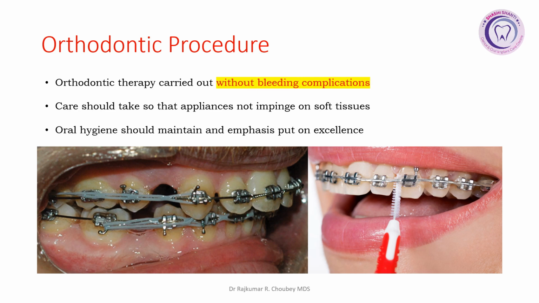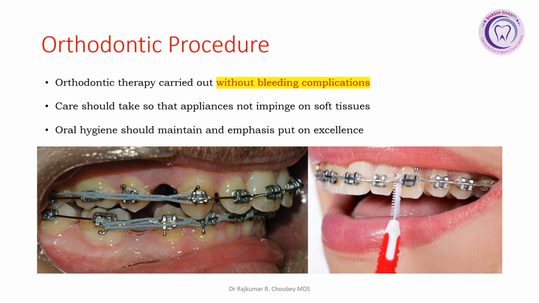During the extraction procedure, we just give the antifibrinolytic agent, and with care you can extract that tooth simply by labial or buccal infiltration. Interdental care is taken by using the orthodontic brush to maintain oral hygiene, so that the inflammation is less and bleeding will not occur in the future.